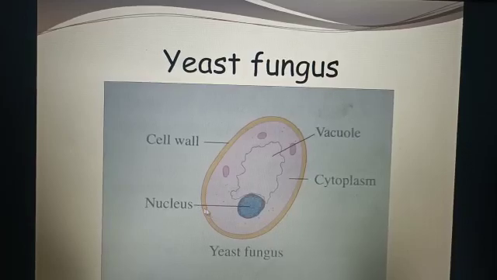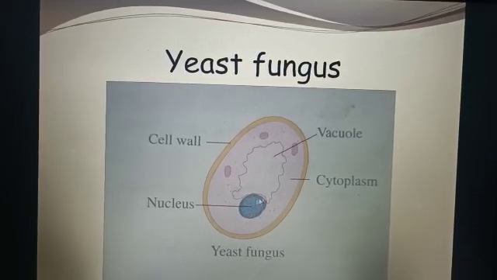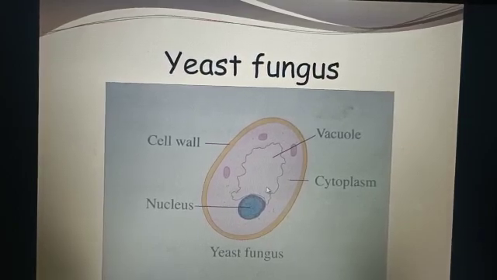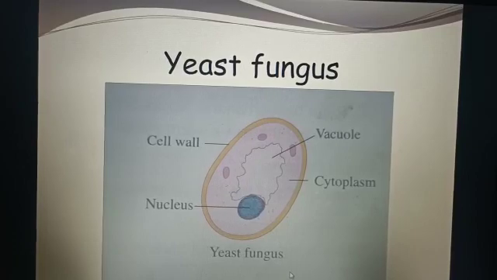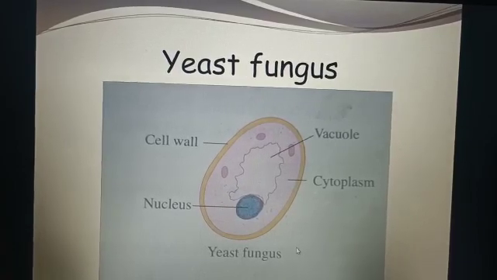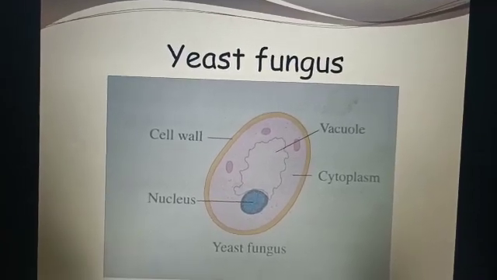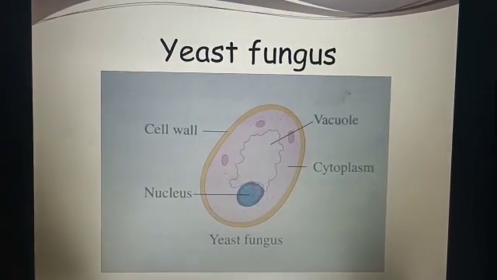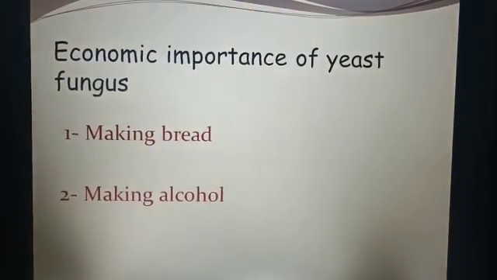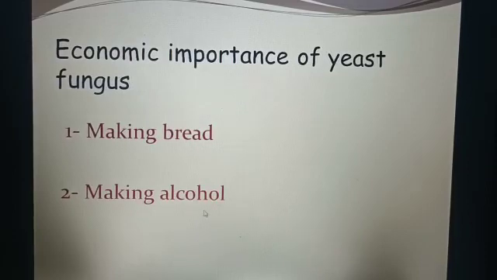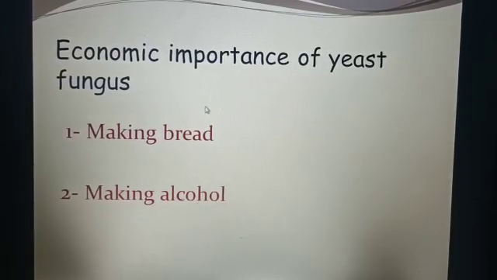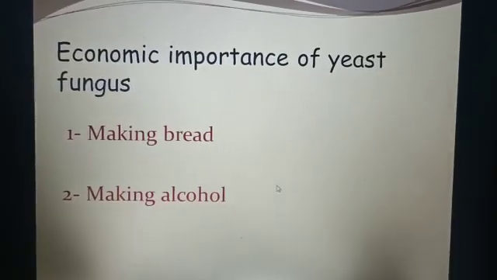The function of the nucleus, cell wall, and cytoplasm is the same as in the plant cell and animal cell. What is the importance of yeast fungus? What do we use yeast fungus in? We use it in making bread and making alcohol. Making bread and making alcohol is the economic importance of yeast fungus.